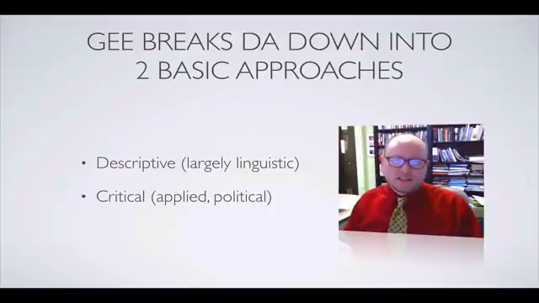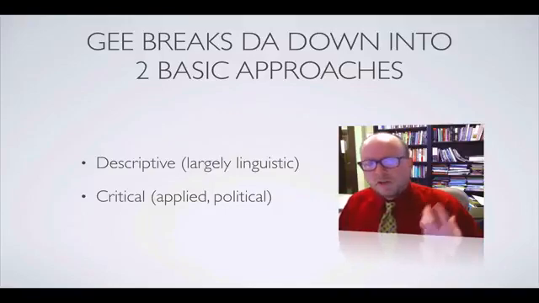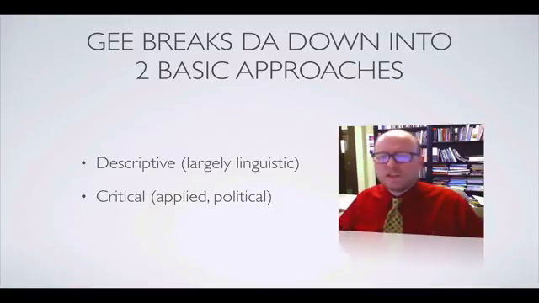So Jim Gee, in his book, An Introduction to Discourse Analysis, breaks down discourse analysis into two basic approaches. One which would be basically purely descriptive, largely linguistic. So looking at the actual language details and how languages and their grammars work together to cohere and make things that people say meaningful in a broad sense.